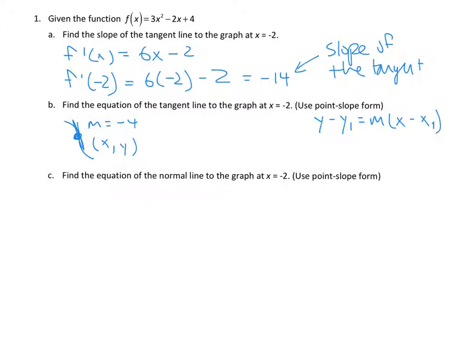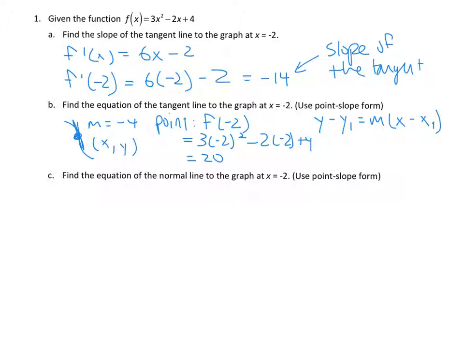So for the point, I need f of -2. I'm plugging -2 back into the original function. So that is going to be 3 times -2 squared minus 2 times -2 plus 4, and that gives me 20.